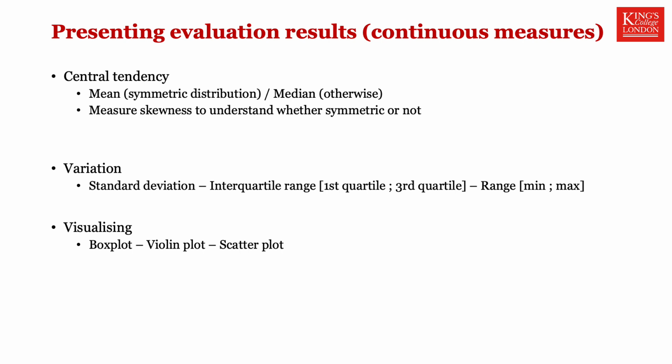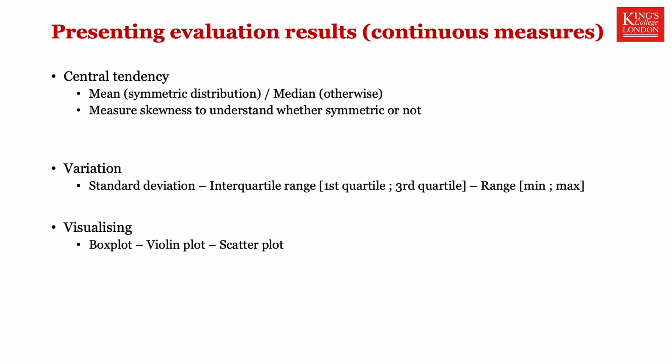Central tendency obviously is not enough. You need to be able to show the range of your performance, because you may have a mean of 75 in terms of dice score, with all of your values clustered between 73 and 77. But you may also be in a situation where the span of performance is much wider, where you have some cases of very, very low performance, and you need to be able to present that.